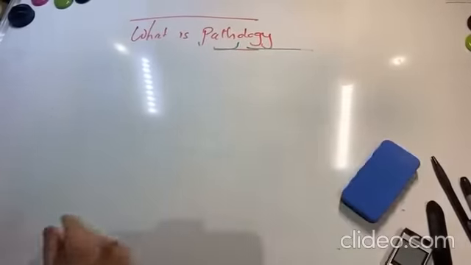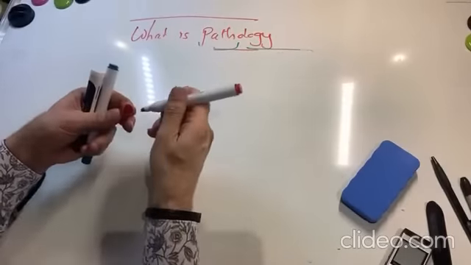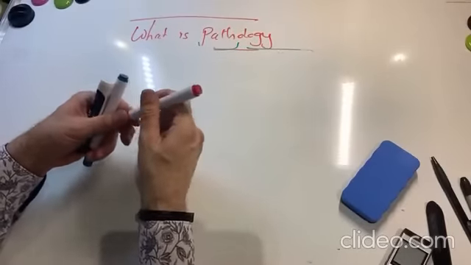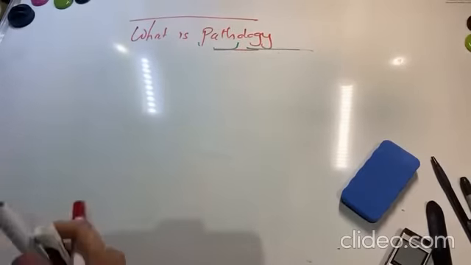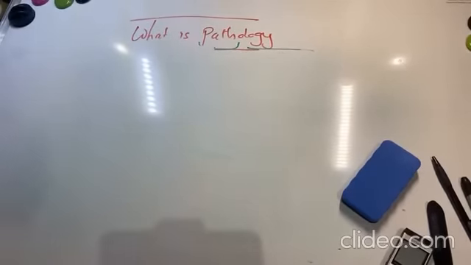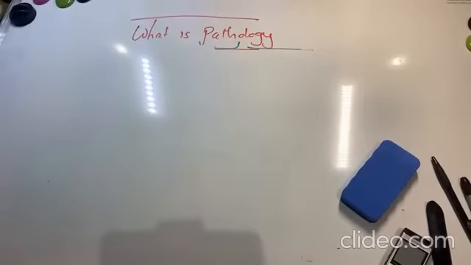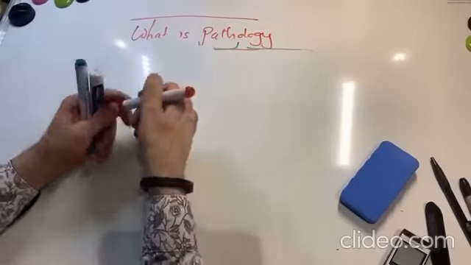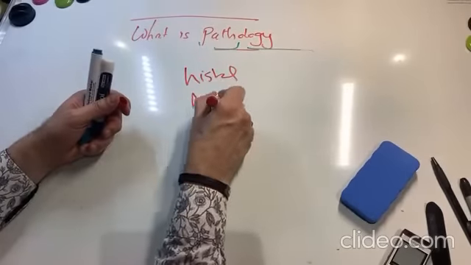In America, usually they call histopathology anatomic pathology. And in the UK, usually they refer to histology. So if they say histology, they mean histopathology. Histology means histopathology, anatomic pathology.